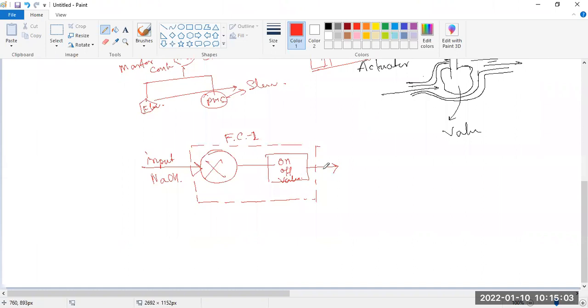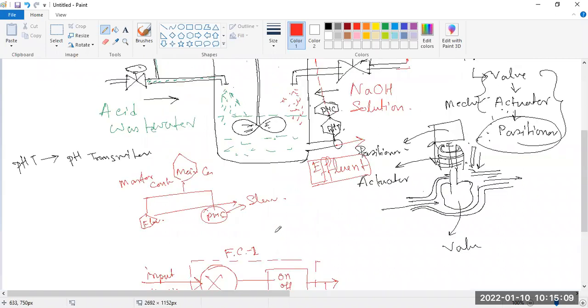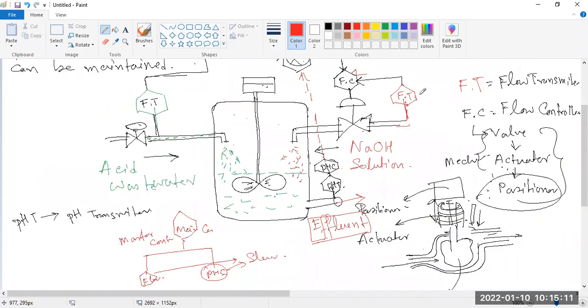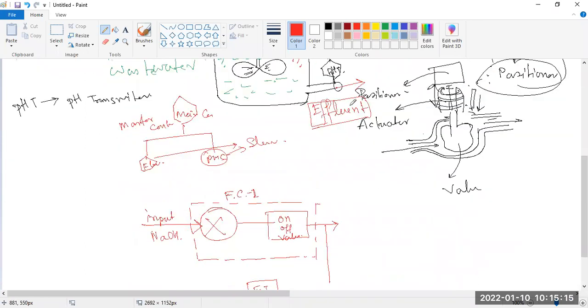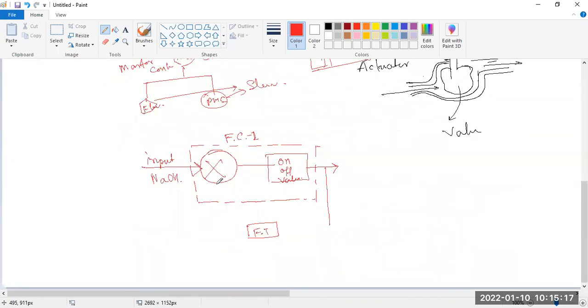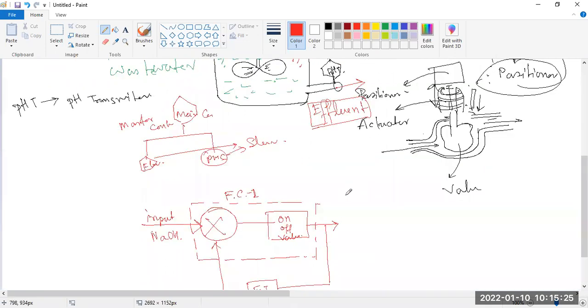The feedback is FT, this is FT1, because in an industry or piping diagram every nomenclature is required. Okay, this is the loop.